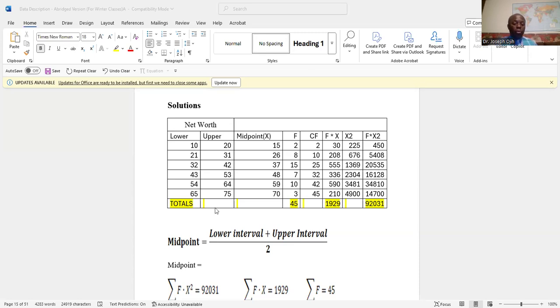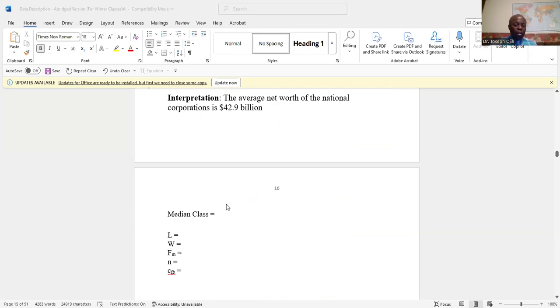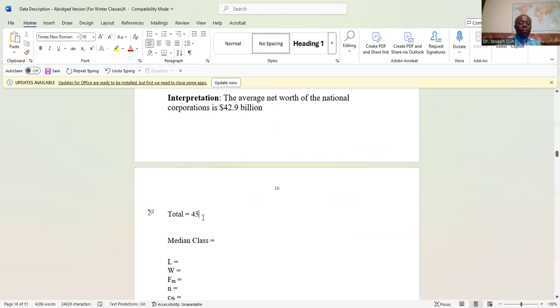So let's do that. The total is 45, so the median should be at the middle. 45 divided by 2 is 22.5.